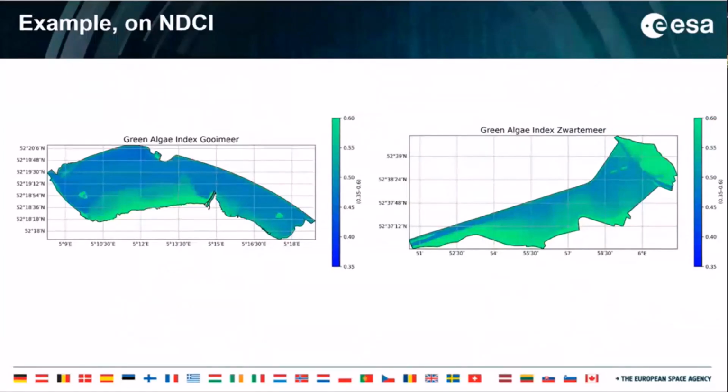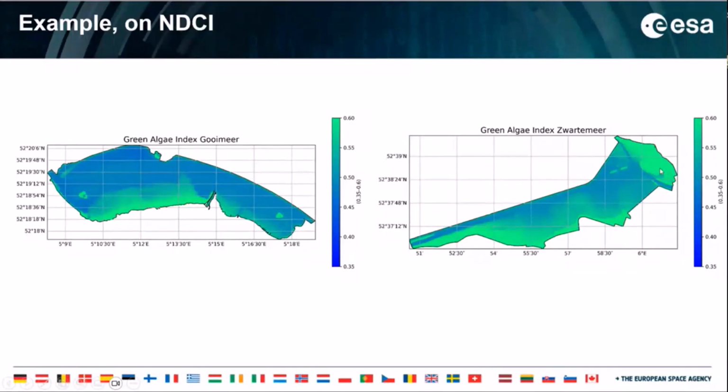So this is an example on 2 lakes, for instance. And this is an NDCI. You could see the lake on the left side has some clear area in the northern part, while the lake on the right-hand side, on average, this is an average over 7 years of Sentinel observation, is in general a little bit more turbid.